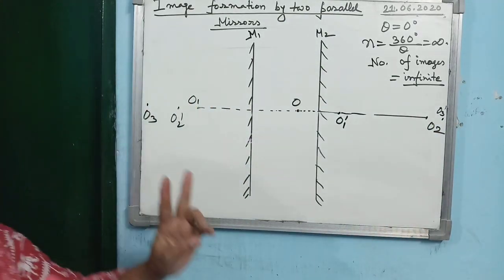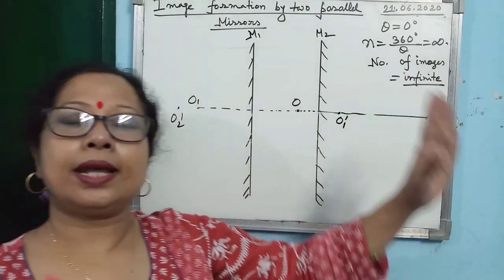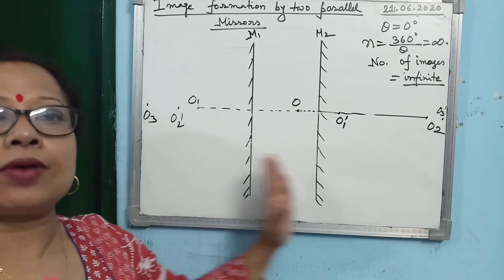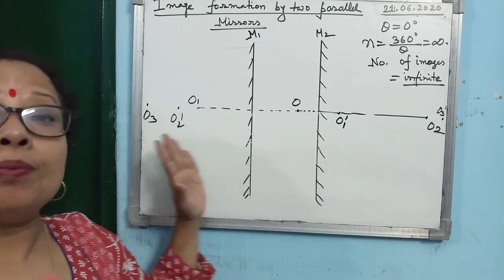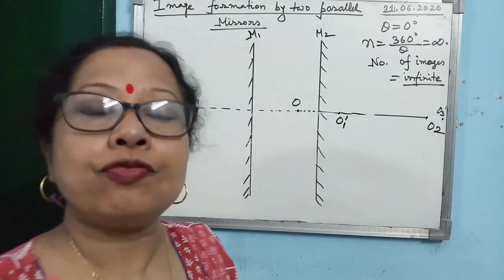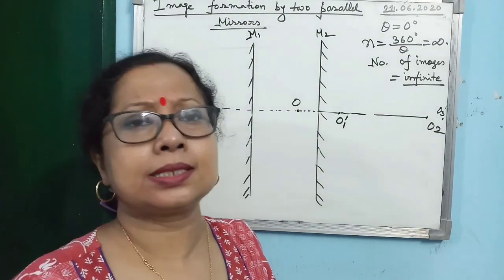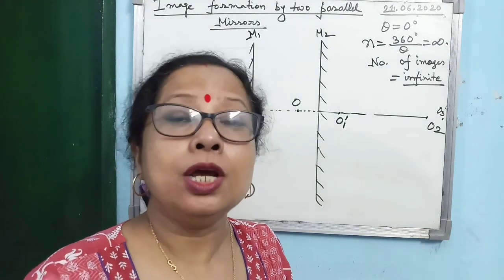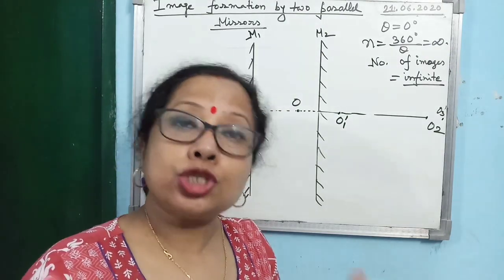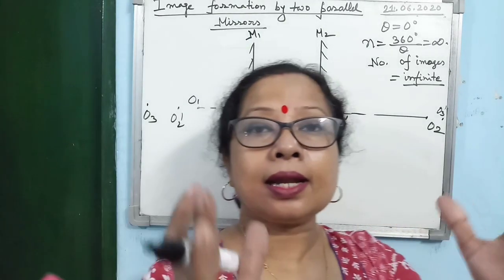Got it? So you get two series of images, and in both series there are an infinite number of images. So an infinite number of images will be formed. It is not possible for us to draw a ray diagram showing an infinite number of images on our finite length copy.